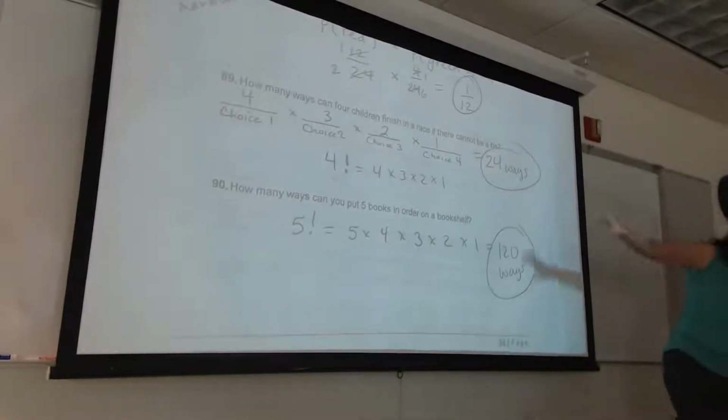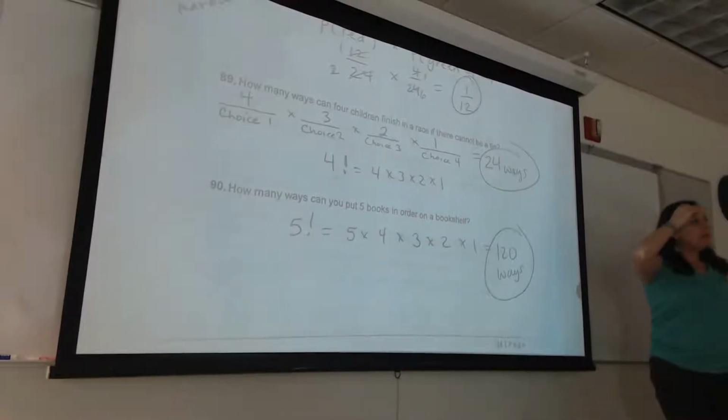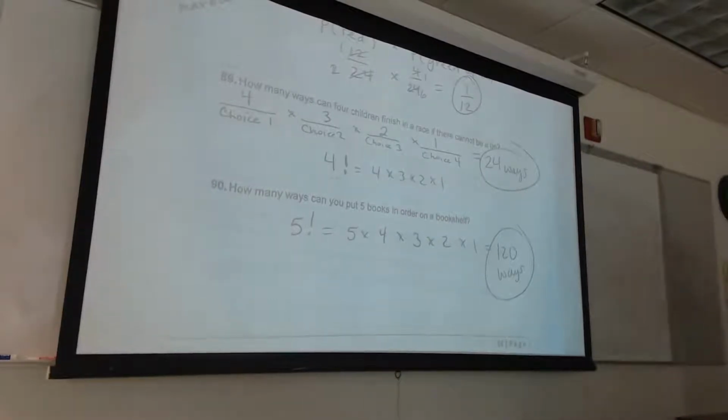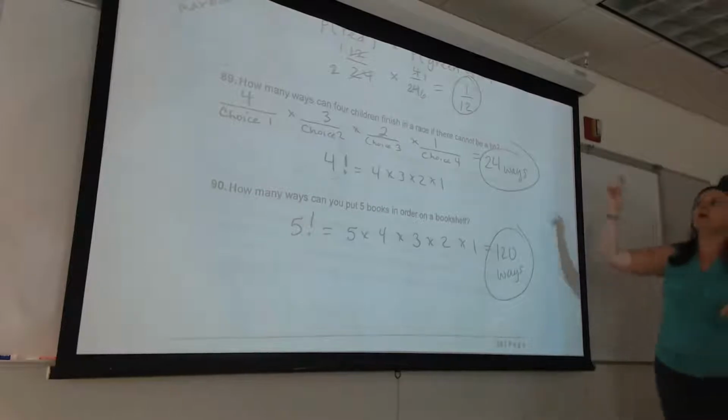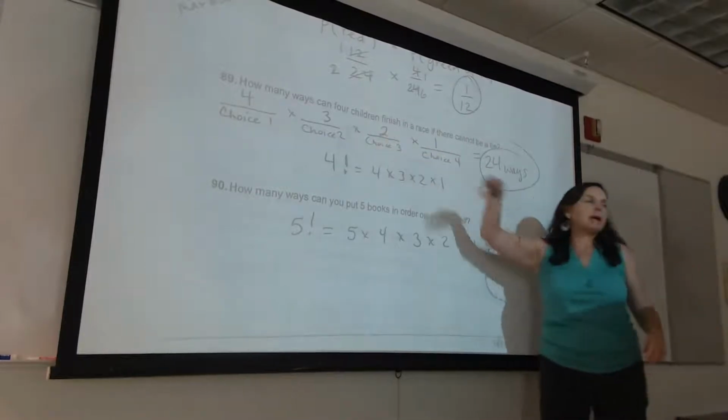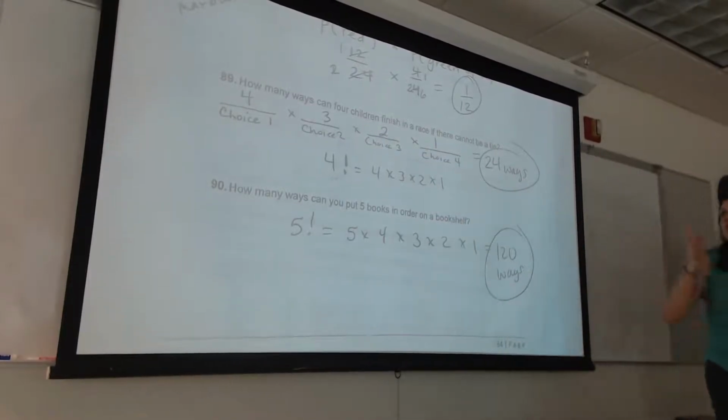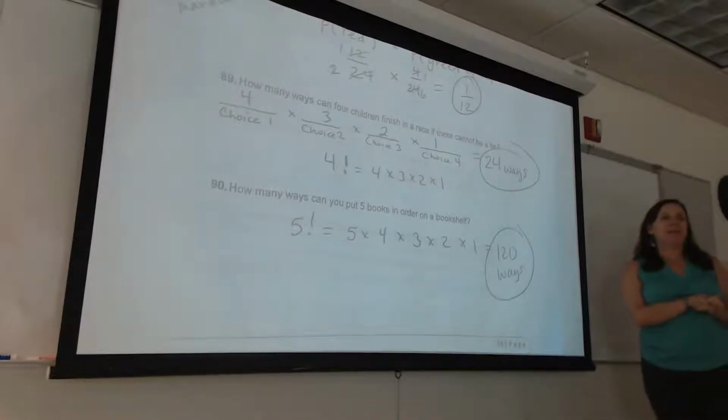So what this is, once you choose something, you can't choose it again, so you would use this sort of idea of the counting principle. In this case, you're talking about 4 children finishing in a race, and there can't be a tie.